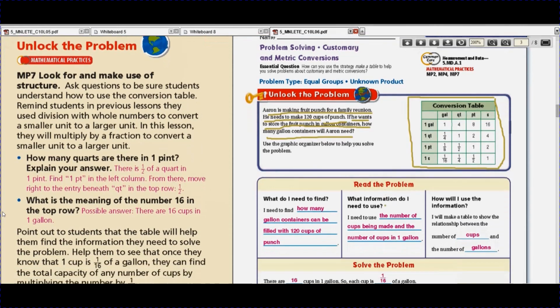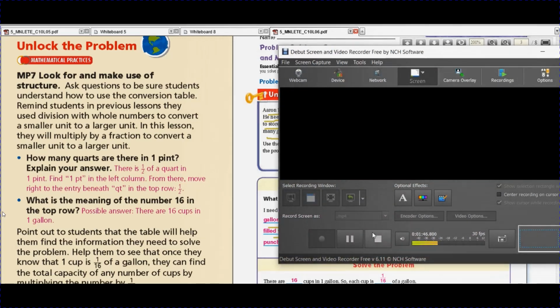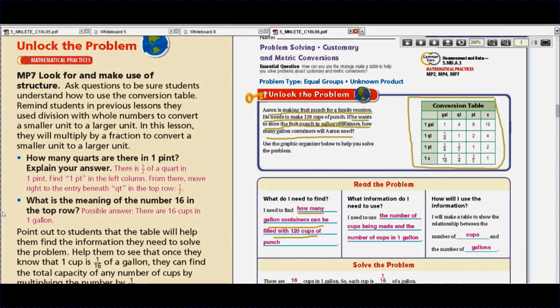So first of all, when we think about this problem, we have three main questions. The first question, what do I need to find? I need to find how many gallon containers can be filled with 120 cups of punch. The second question, what information do I need to use?